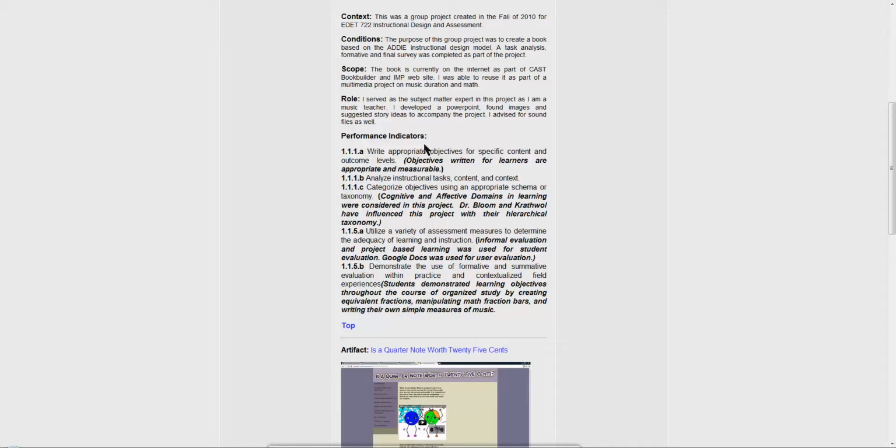I implement a spiral curriculum at Aiken Elementary because I teach grades kindergarten through 5th grade. The analysis of my learners through this curriculum year after year has shown me that there is a weakness in understanding the objectives of note duration connected to fractions.